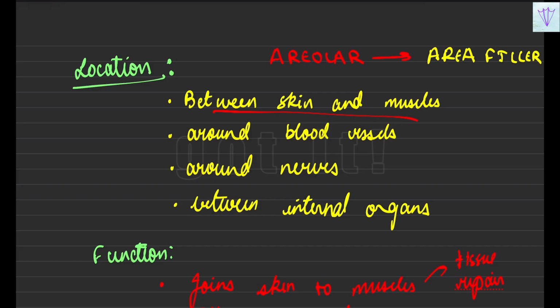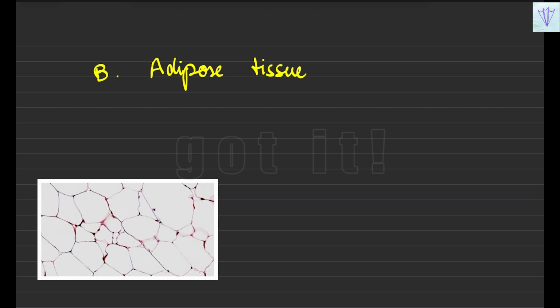Next, moving to the B part, which is adipose tissue. So it is the specialized tissue for storing fat, and the cells called adipocytes will contain large fat droplets.